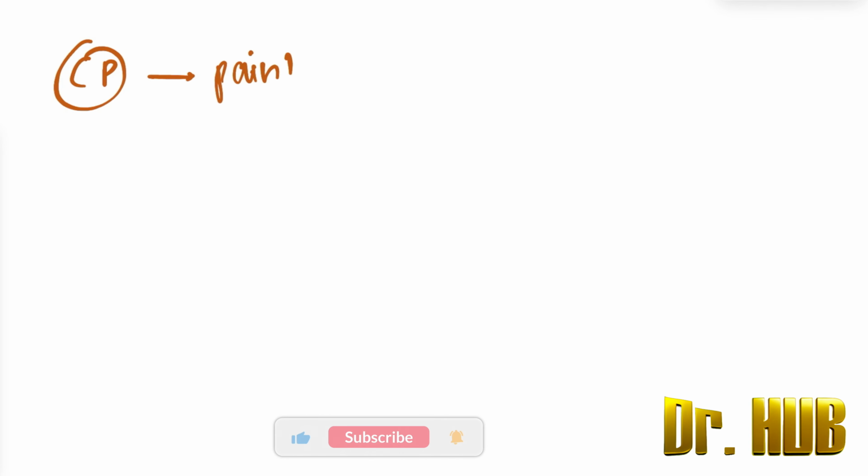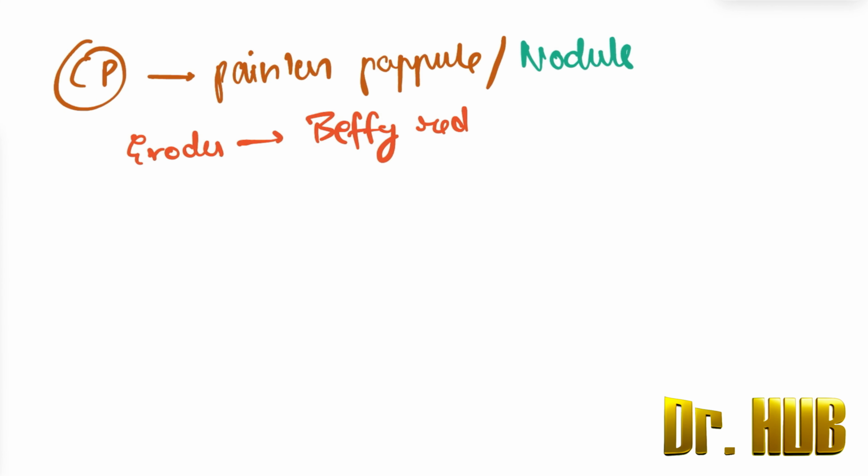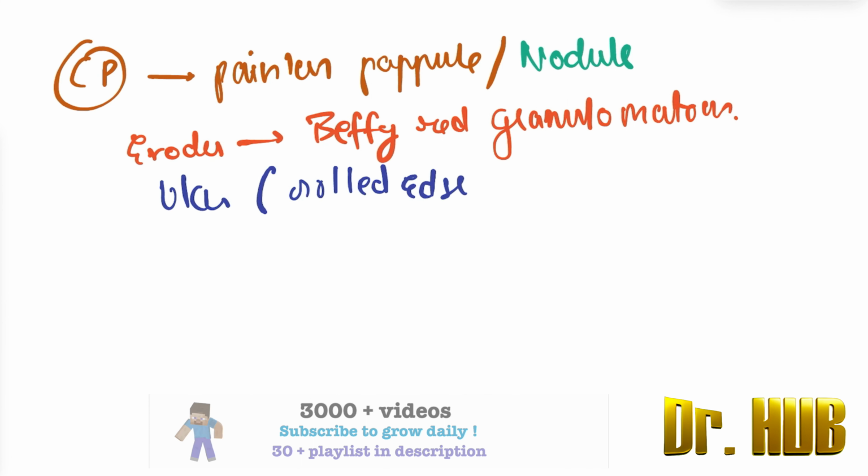Then comes the clinical presentation. It has a painless papule or a nodule, and it erodes into a beefy red granulomatous ulcer, and there are rolled edges.